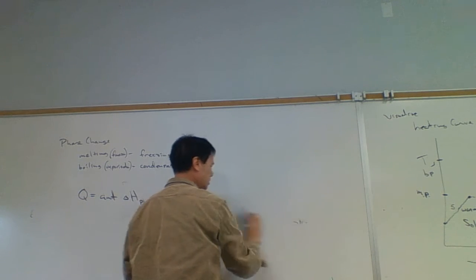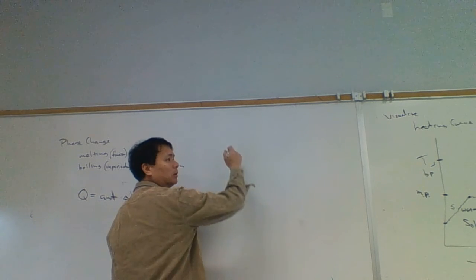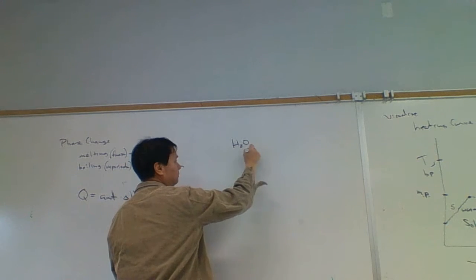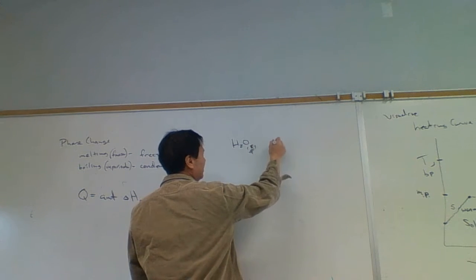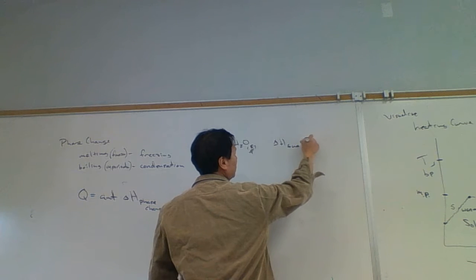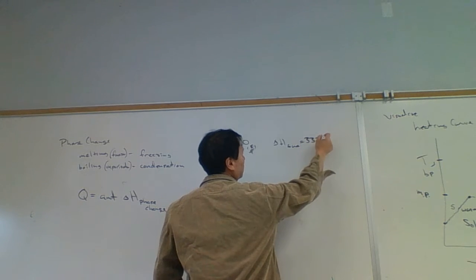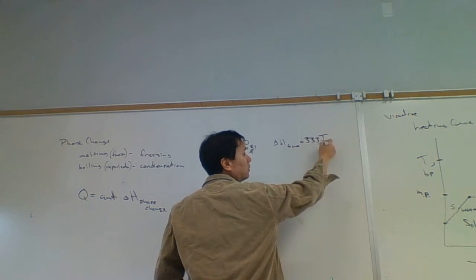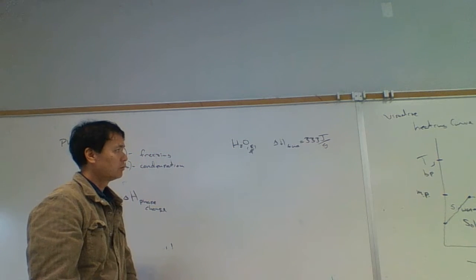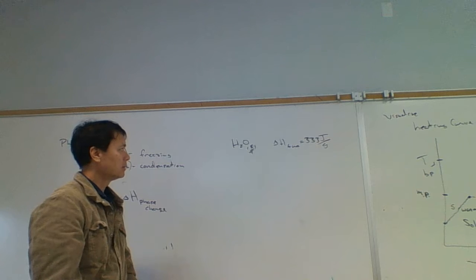Let's do this one more time. We want to look at H2O solid for fusion. The delta H of fusion is 333 joules per gram. So for every gram, it takes 333 joules of energy to melt it.